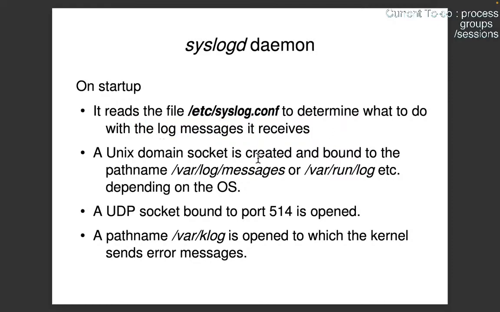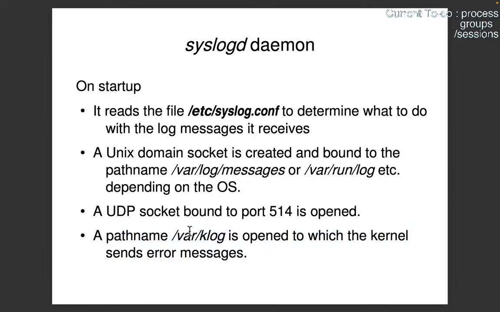A Unix domain socket is created and bound to the path name /var/log/messages or /var/run/log, depending on the OS. A UDP socket bound to port 514 is open. A path name /dev/klog is open, to which the kernel sends error messages.